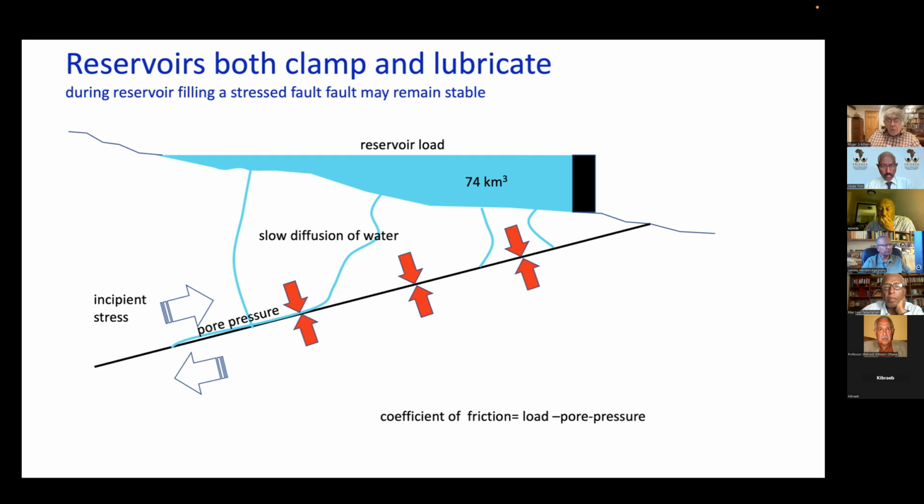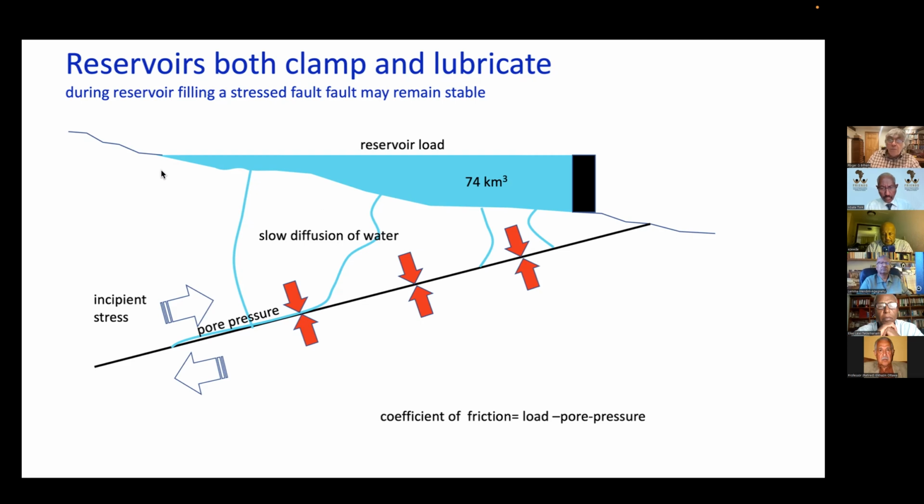The weight of the reservoir is enormous, and it's adding to already the weight of the rock above it, and this fault is clamped shut, which means that friction is unable to move it, even though it may be stressed by some relic stress. And going back to my very first slide, everywhere in the world is under an almost failure stress. It's very close to failure. So it doesn't require very much. In other words, when you put this reservoir here, you're actually shutting all the earthquakes down. You're not going to allow any earthquakes to occur.